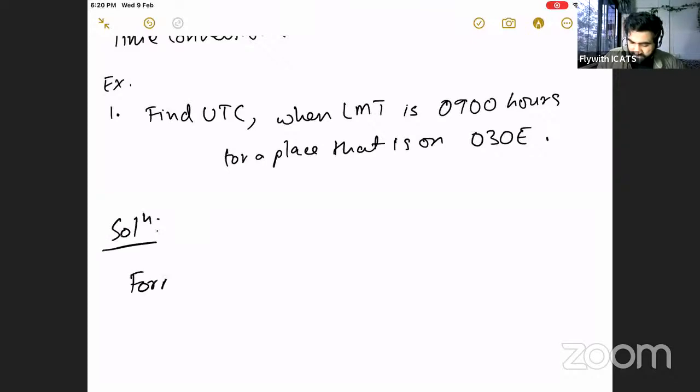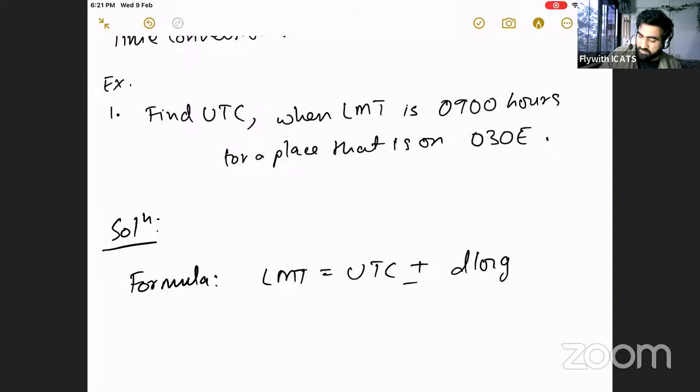Solution, I'm going to write the formula. Earlier we were doing it logically, now we are going to do it with respect to the formula. What is asked? I want to solve UTC. My formula given to you was LMT is equal to UTC plus minus D long upon 15.